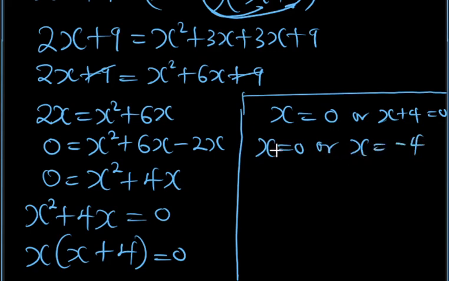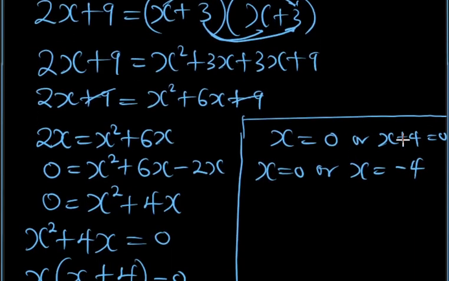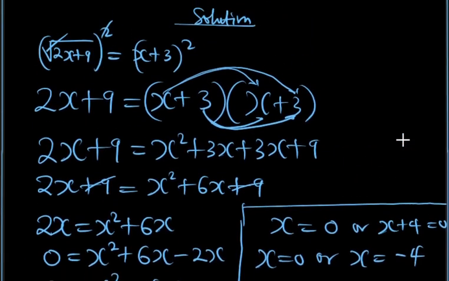Now we don't know whether both values are correct. So the only way to do that is to check. So we'll plug in x is equal to 0 into the equation to see what it will give.